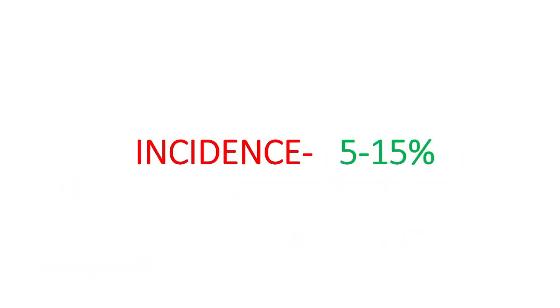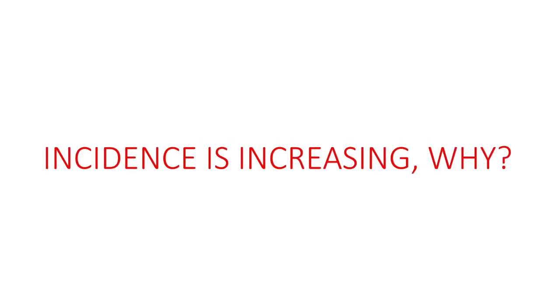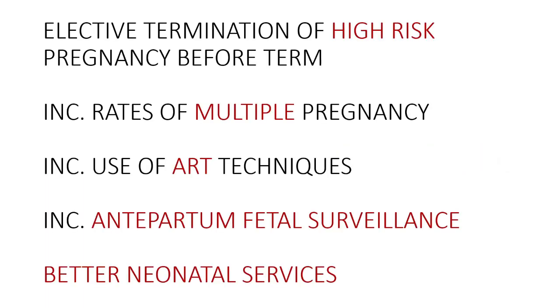Then what is the incidence of preterm labor? The incidence of preterm labor is around 5 to 15%, but it is increasing. So why is it increasing? Because of the elective termination of high risk pregnancy before term.